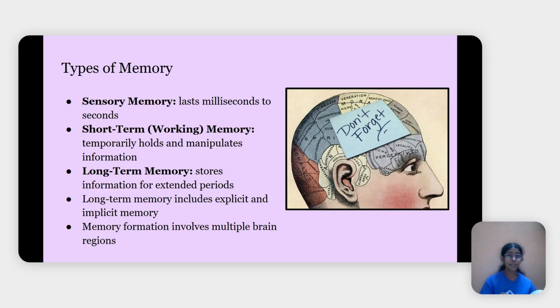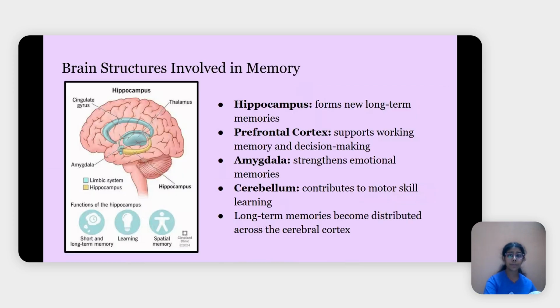However, as can be seen, memory formation is an extremely complex process. It requires the limbic system, the CNS and the PNS working together, our cerebral cortex, our corpus callosum, so it involves multiple brain regions. A few brain structures involved in memory creation are mainly the limbic area, along with the prefrontal area. The main area is the hippocampus.